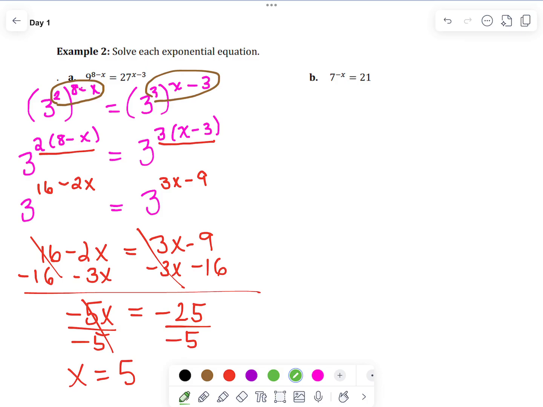All right, our next example, we can't do the previous process because 7 to the first equals 7. 7 squared is 49. So we can't take that 21 and change it to the same base.